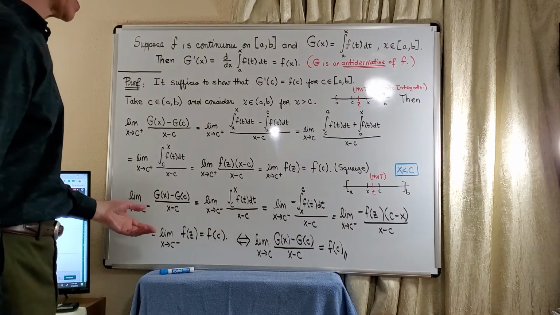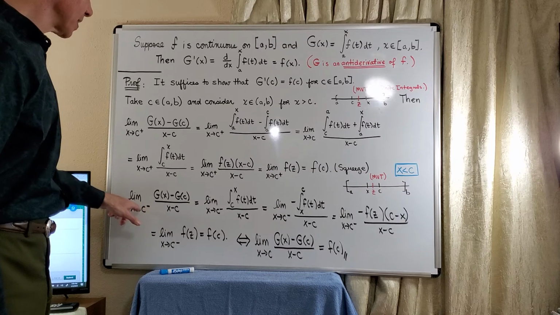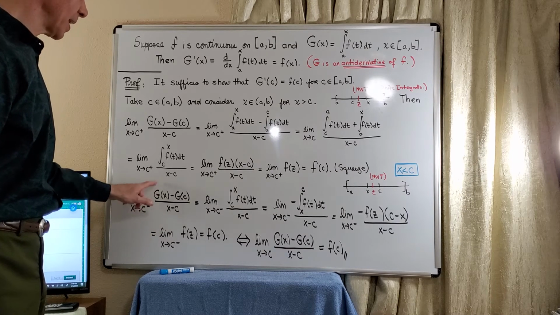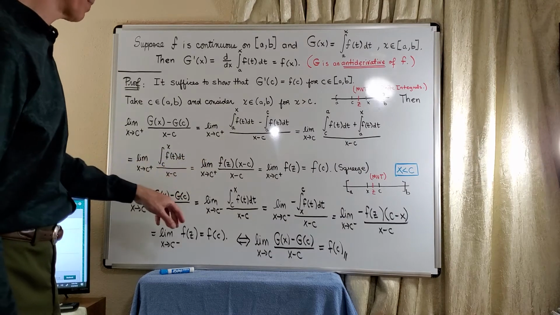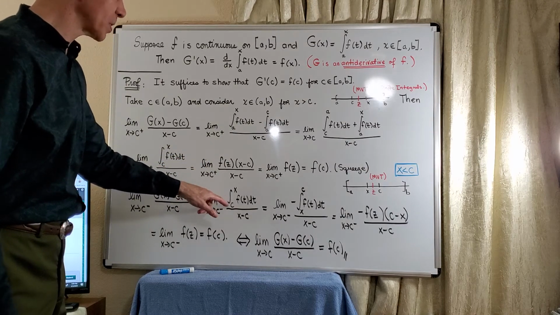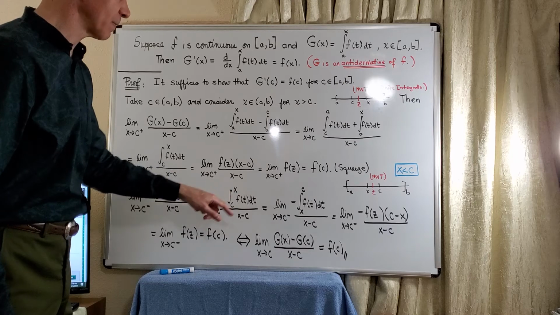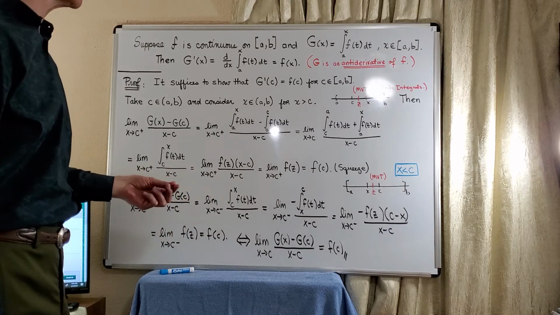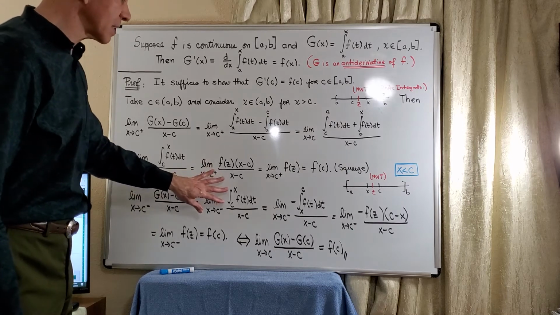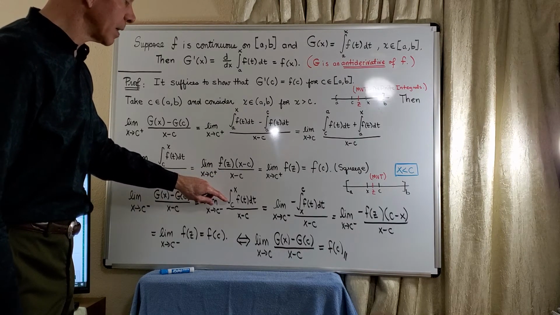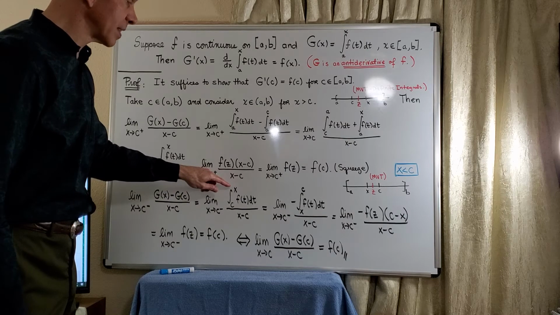And then, of course, now we go ahead and write the limit as x approaches c from the left of the difference quotient. Now, we don't have to do the same argument over because we know the result will just be the integral from c to x of f of t dt. But now we want to use the mean value theorem for definite integrals, and so it makes sense that the lower limit would be less than the upper limit.